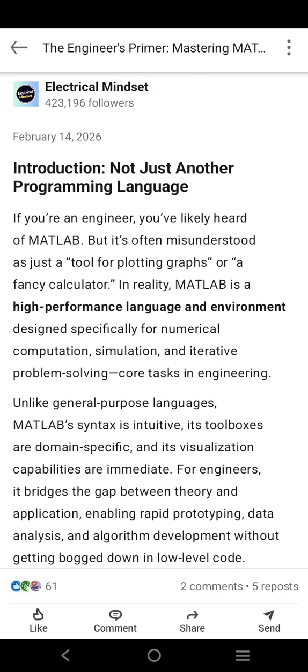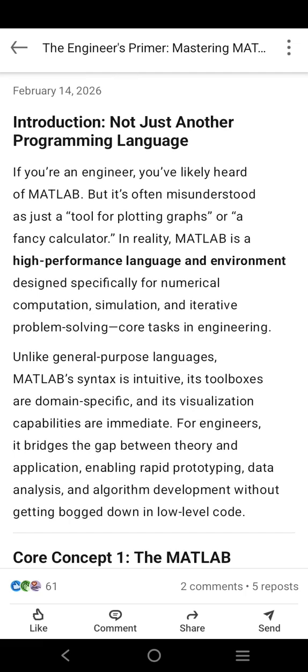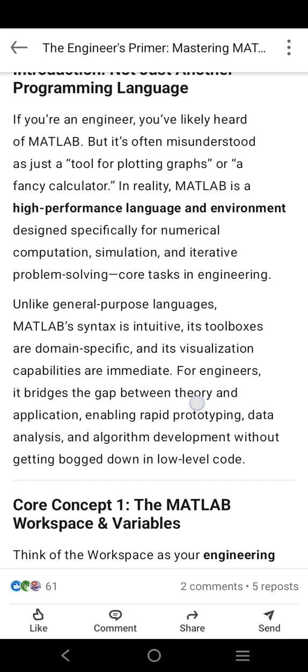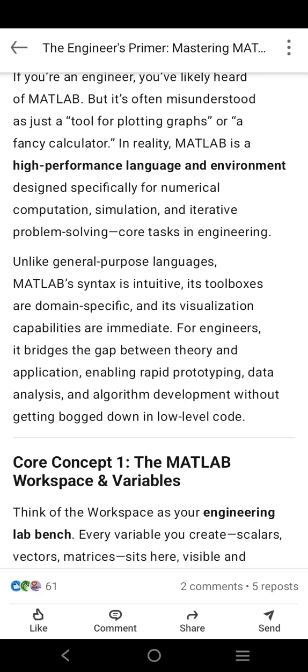If you are an engineer, you would have heard of MATLAB, but it's often misunderstood as just a tool for plotting graphs or a fancy calculator. In reality, MATLAB is a high-performance language and environment designed specifically for numerical computation, simulation, and iterative problem solving, core tasks in engineering.